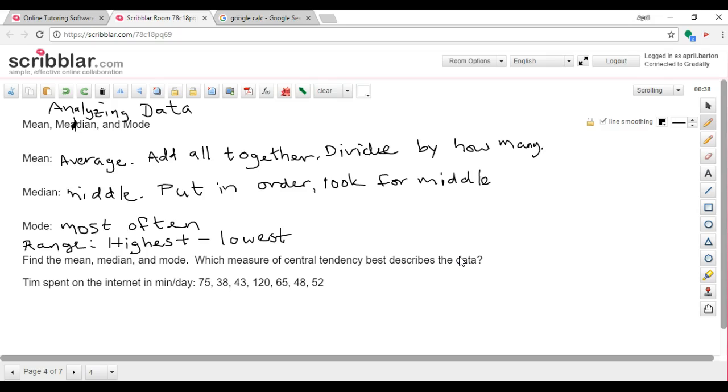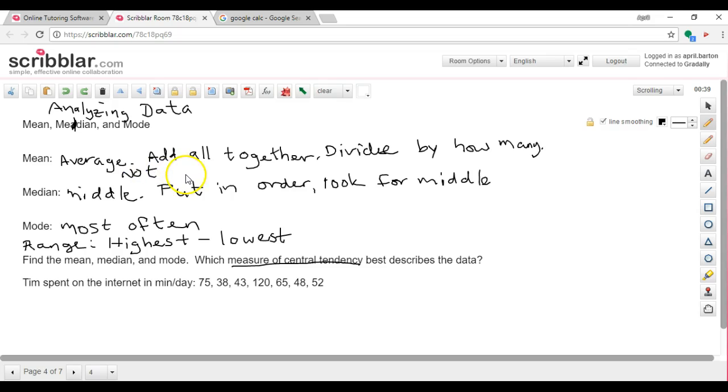For finding the mean, median, and mode, I put an example problem. They can often ask what measure of central tendency best describes the data. Measure of central tendency is just the fancy math term for mean, median, or mode. Usually the way to tell is mean is not good if you have an outlier.